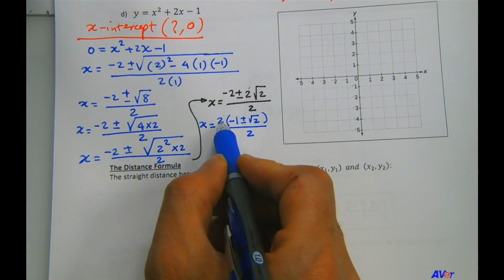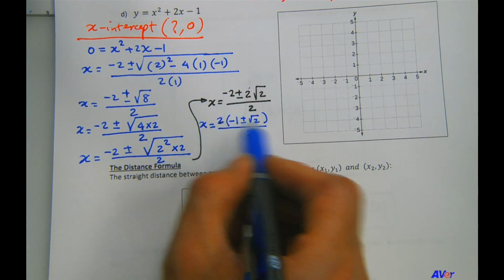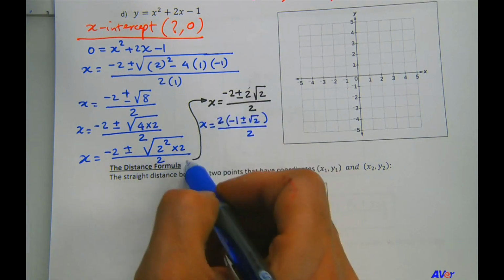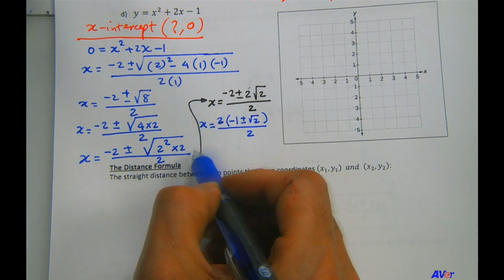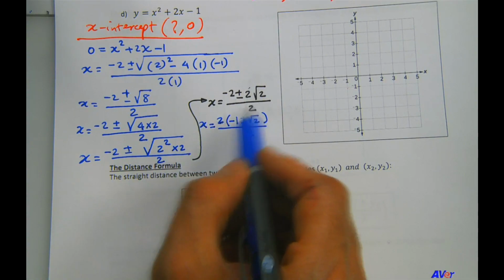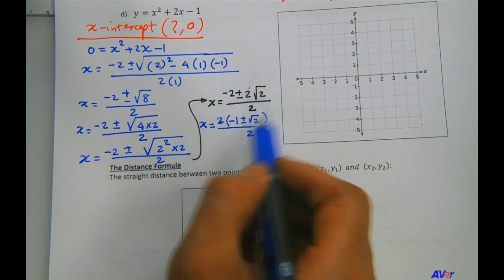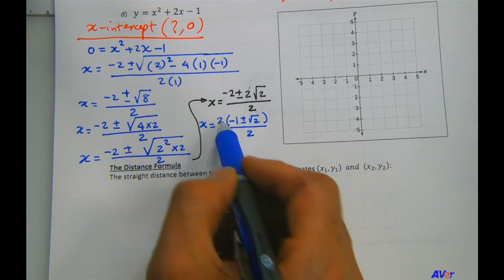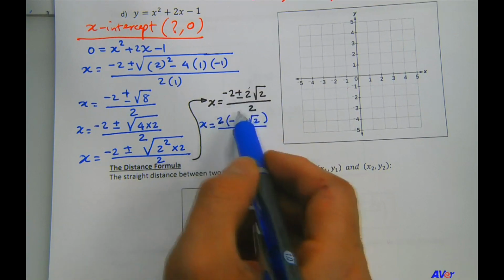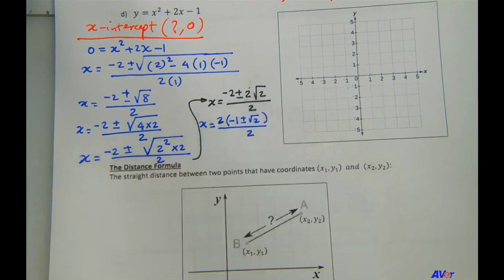If you distribute this 2 into these 2 terms, do you get this back? 2 times -1, -2. 2 times plus or minus square root of 2, plus or minus 2 square root of 2, right? You do get what you had before, which is how you can quickly check if you've been able to factor the expression properly.